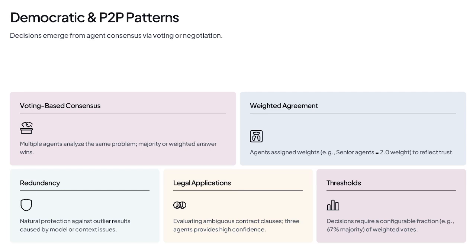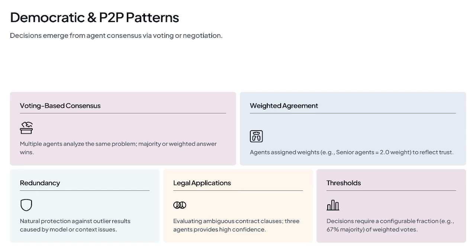Then we have where this is applicable. It is applicable in legal industries or legal firms, where evaluating ambiguous contract clauses, three agents provide high confidence. So it is very applicable when you are designing an agentic pattern, a multi-agent system, for legal industries.